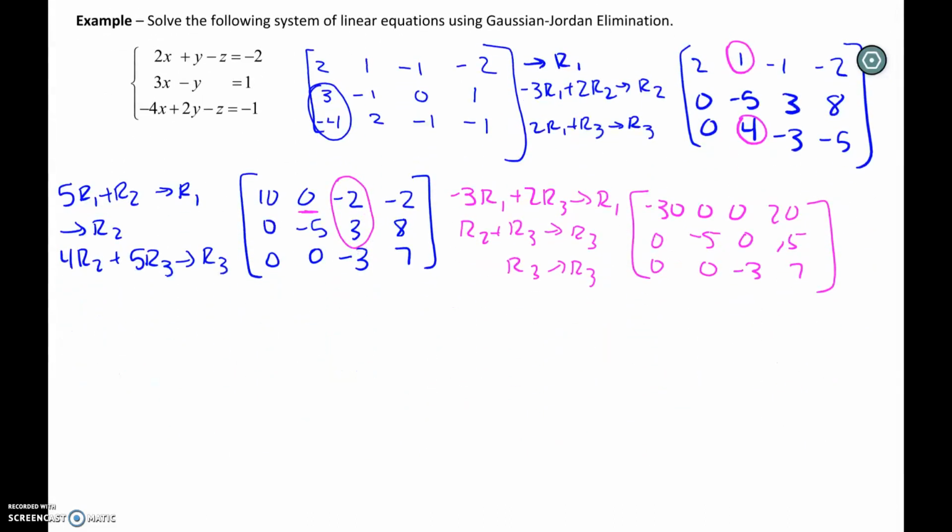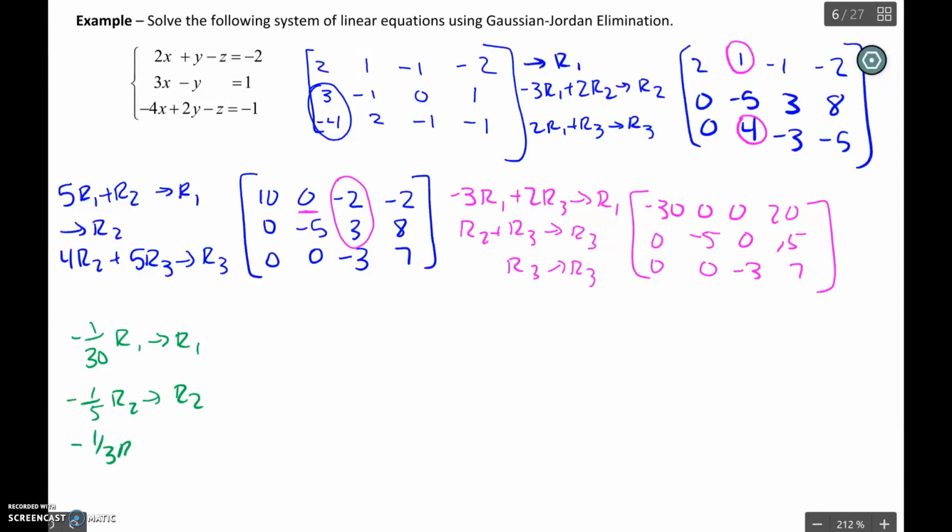Now, looky, we're almost in reduced row echelon form, right? So now we need to do -1/30 row 1 to my new row 1. And then -1/5 row 2 goes to my new row 2. And then -1/3 row 3 goes to my new row 3.